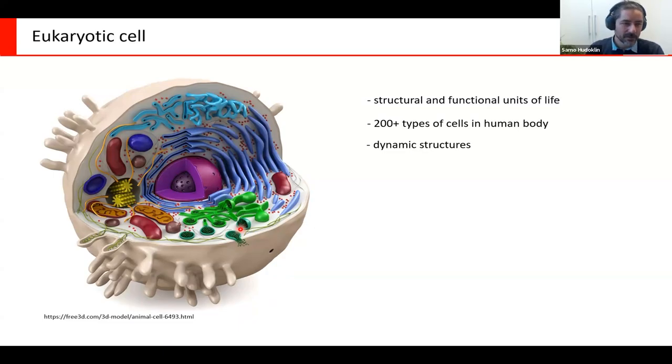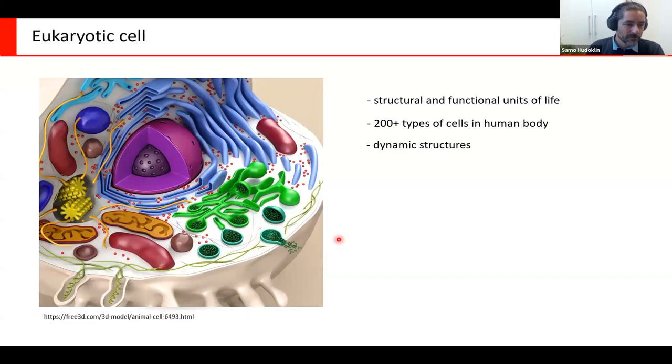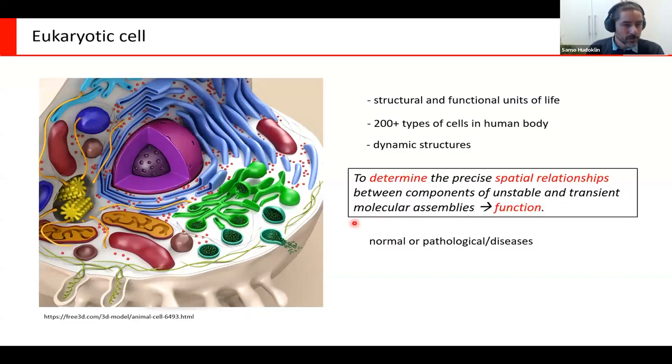They are differently arranged, and in order to understand how these processes take place and how they function, you actually have to determine the spatial relationships among those organelles and cellular compartments. And this holds true for normal, healthy cells, and also in pathological conditions.